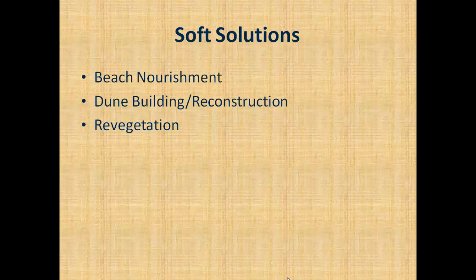This is also related to the last one, which is coastal revegetation, which is just replanting natural native plants along the coastlines, and this improves slope stability of the coastline. The roots hold the material together, causes more of a stable slope.